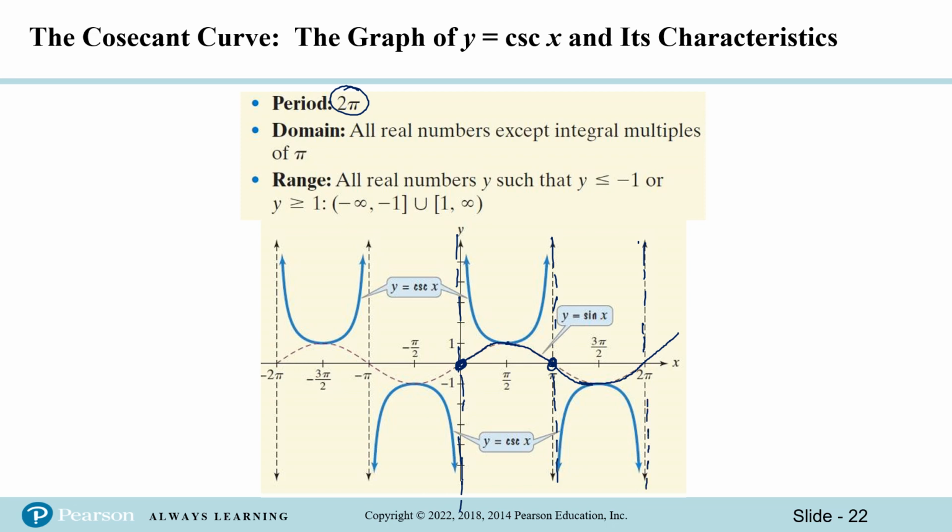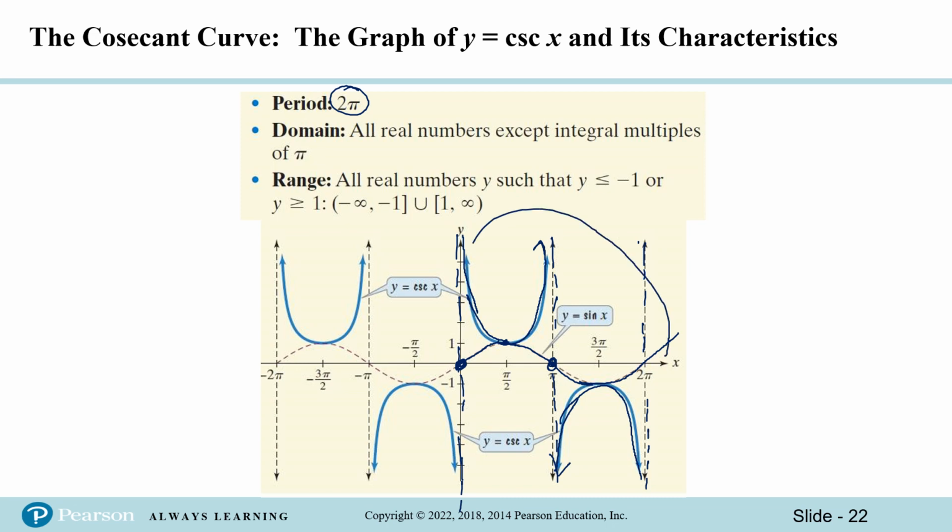And then it's going to be 1 here. It's really hard to describe how this comes about without doing a table, but for the cosecant graph, there would be 1 period right there.